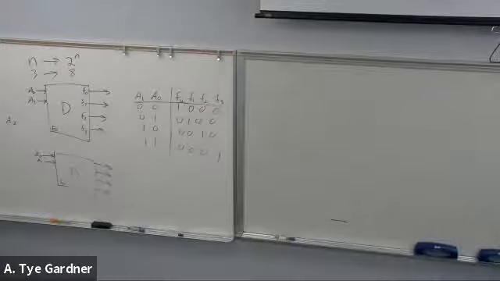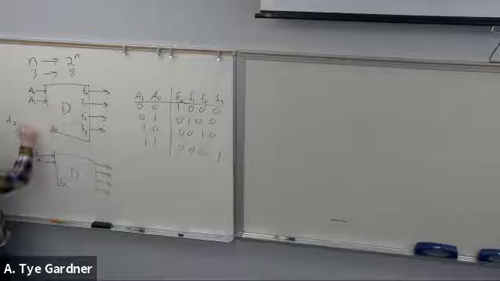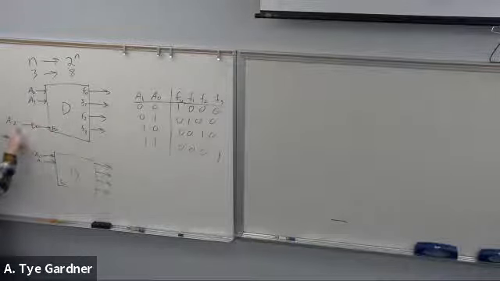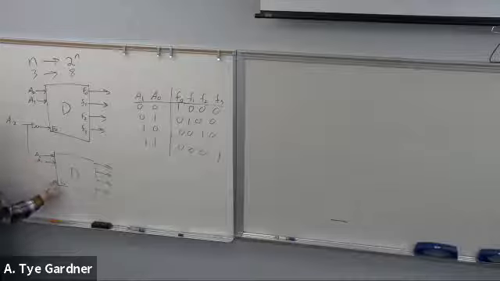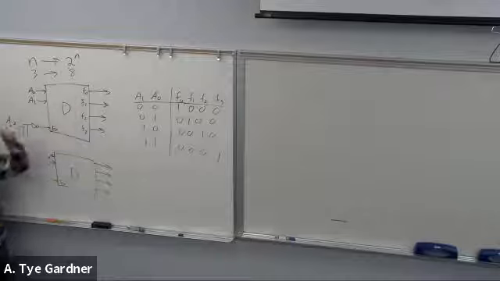Okay, so how do I make sure that only one of these outputs is true? Well, I just invert the enable. If it's 0, I want the first one to be enabled, right? Because if it's 0, 0, 0, I want F0. So invert A2 and then feed it into the enable. If I have 0, 0, 0, then this enable is on and this enable is off, and I get F0.